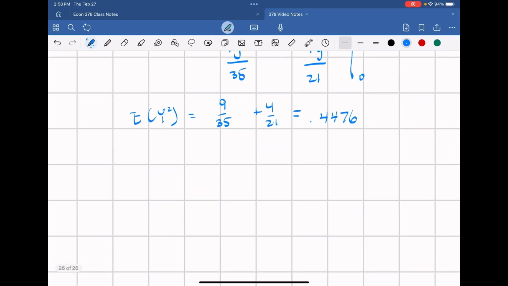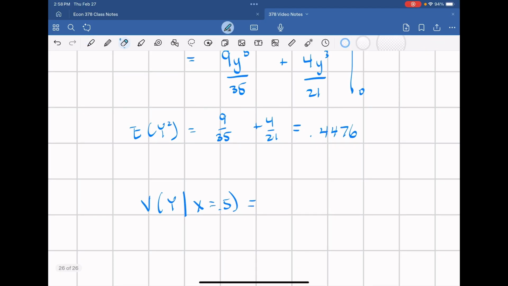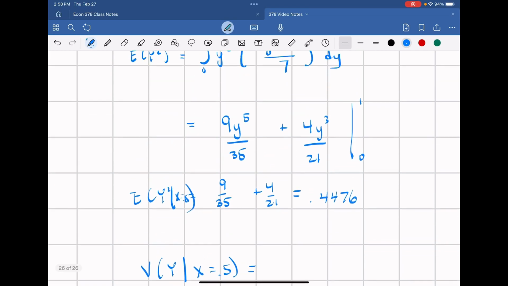Now we input the numbers we have for our variance. The variance of y conditioned on x equal to 0.5 is equal to, and I should make a note here, this is not just the expected value of y squared, this is the expected value of y squared given that x is equal to 0.5.